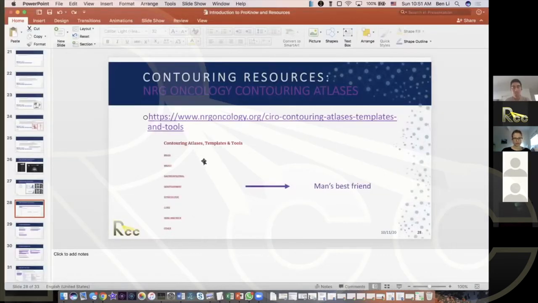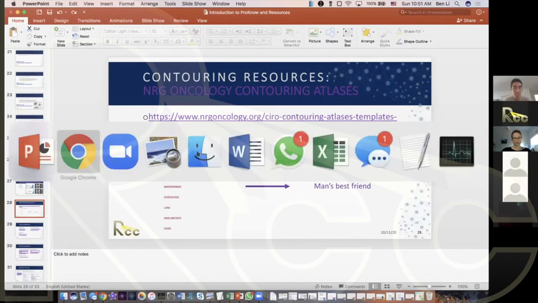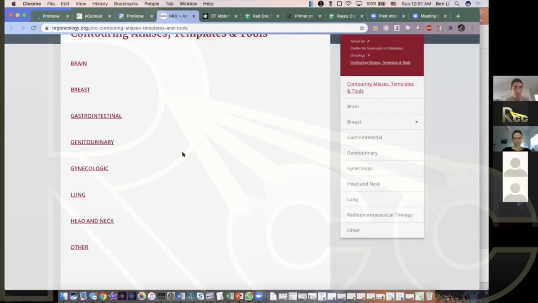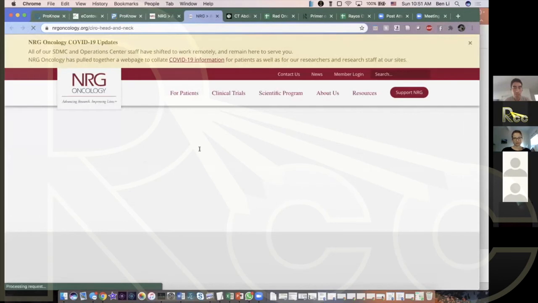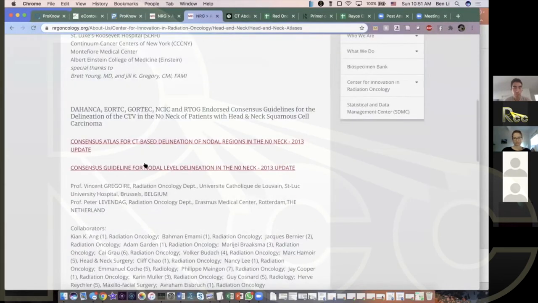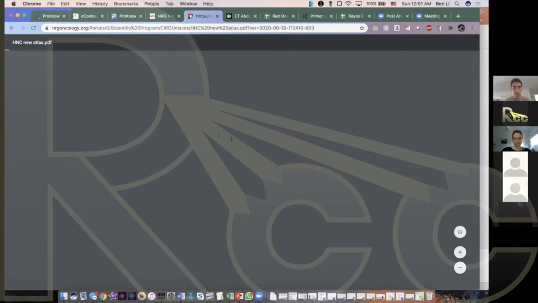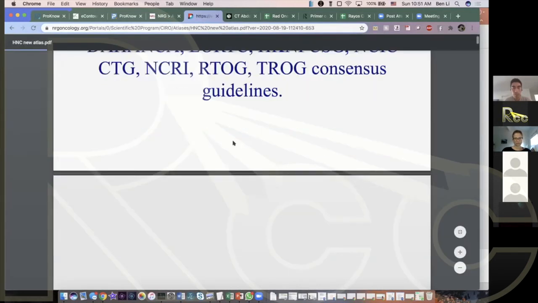And this I call man's best friend. These are the NRG Oncology contouring atlases. Follow this link here, and you can see atlases for these different disease sites. Very helpful for contouring. Let's say you want to look at head and neck. This will show you the Gregor paper, which is available for free here, and then here is the atlas, which you can scroll through.